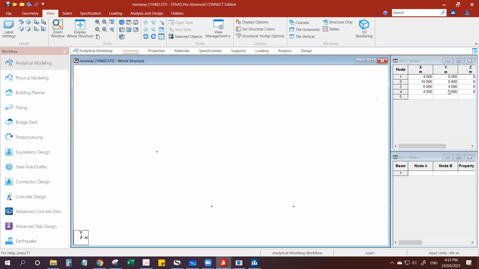Next is 10, 4. Next is 10 plus 3, 13, 4. Then add beam.